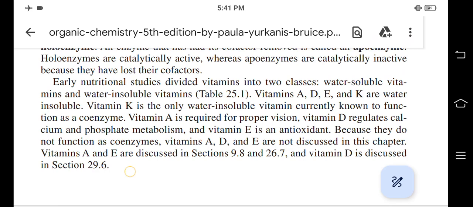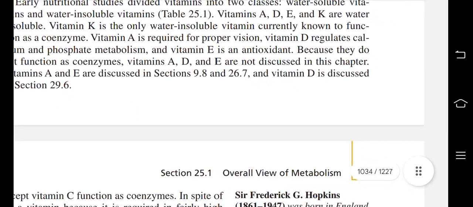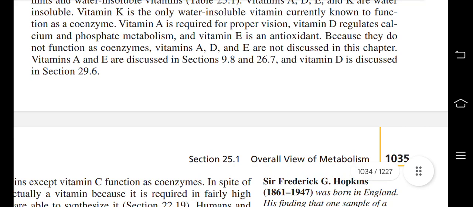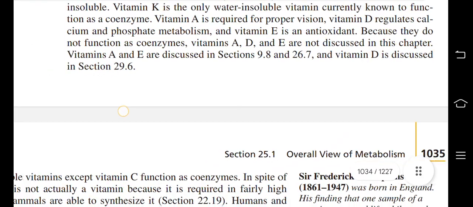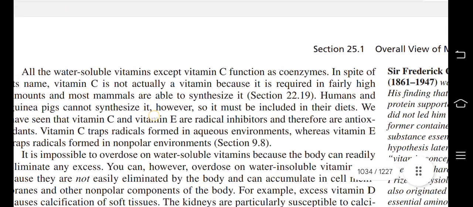Vitamin D regulates calcium and phosphate metabolism, and vitamin E is an antioxidant. Because they do not function as coenzymes, vitamins A, D, and E are not discussed in this chapter. Vitamins A and E are discussed in the next chapter, and vitamin D is discussed in another chapter.